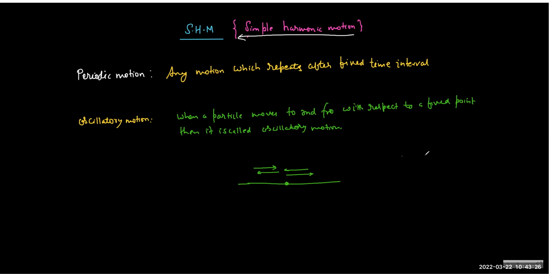Yes, sir. Let's say we have a swing, and there is a wind moving this way. So when the swing oscillates towards the right, it will go a bit faster, but while coming back, it will slow down because the air resistance will oppose.